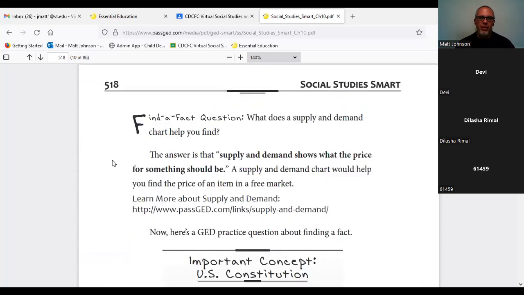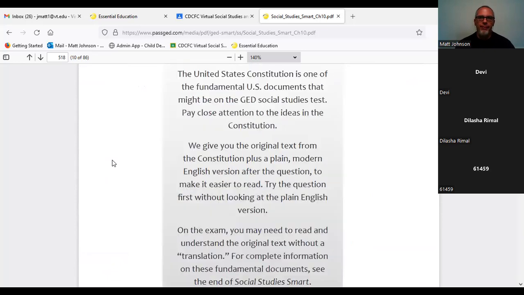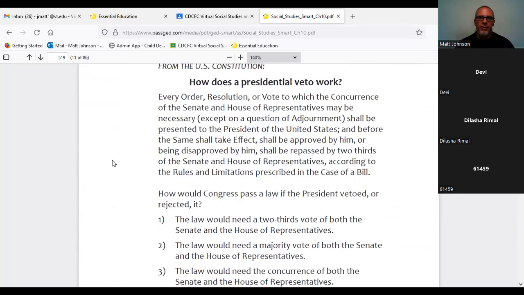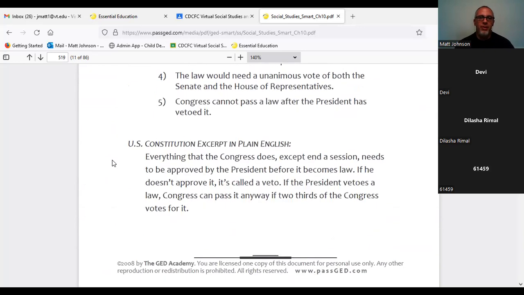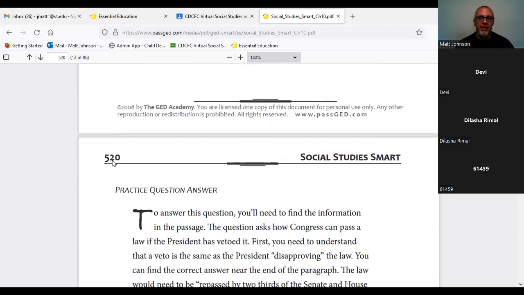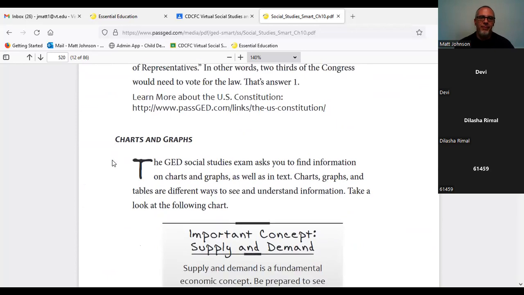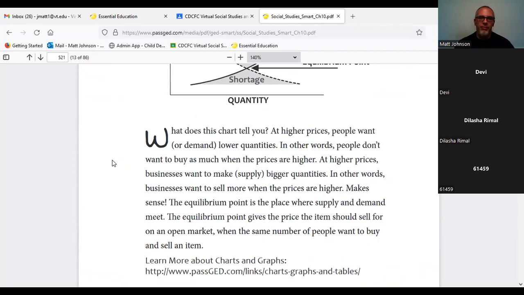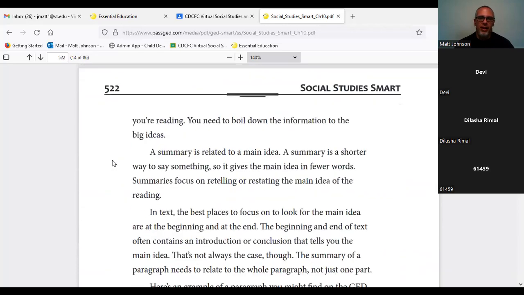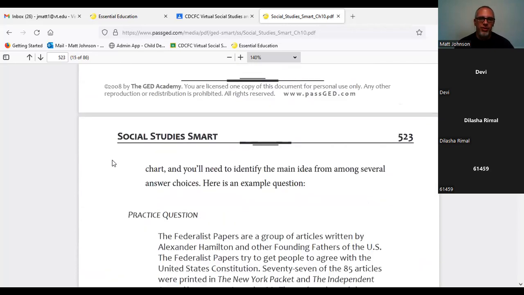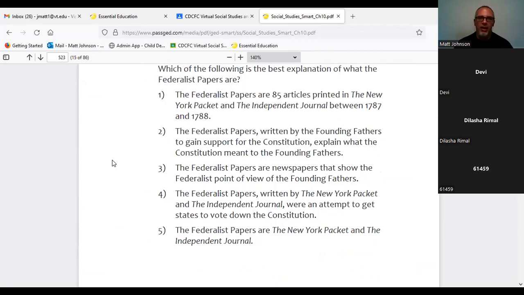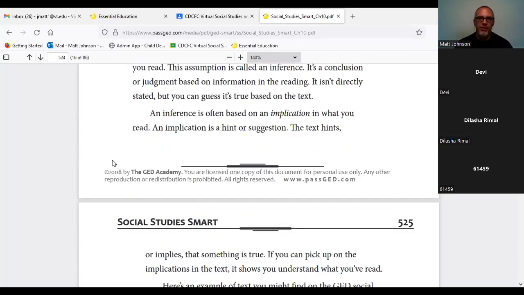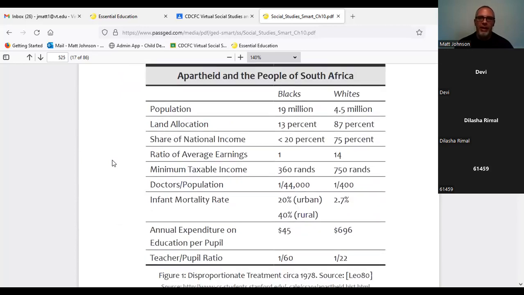But in particular, what I wanted to show you, how does the presidential veto work? I think we talked about that. Charts and graphs. So this is going to give you some help here, and there are some questions intermittently about different types of historical events or statistical information.